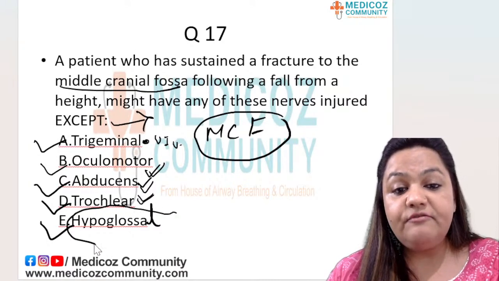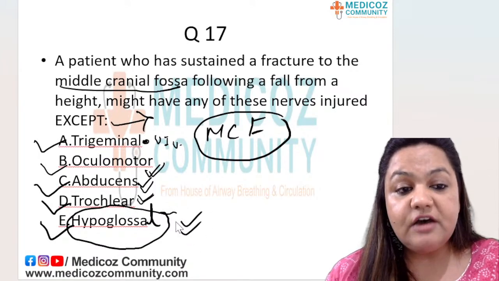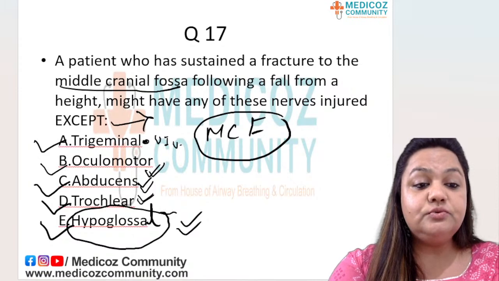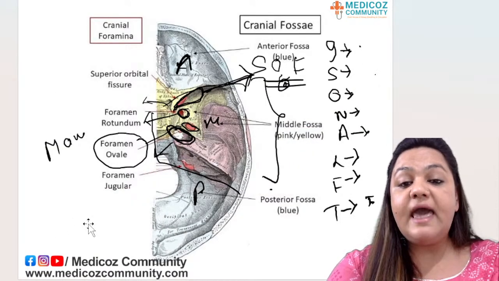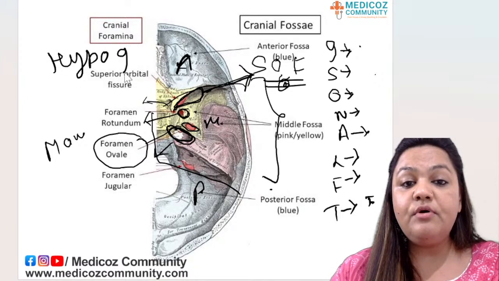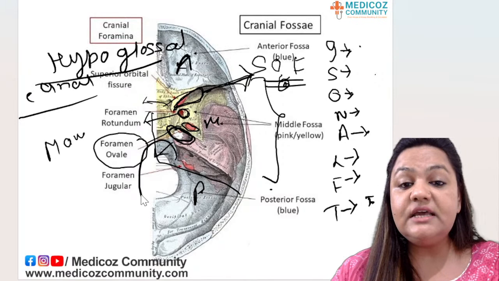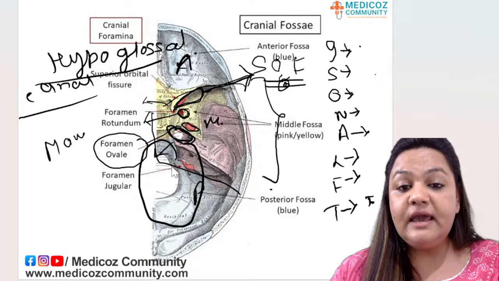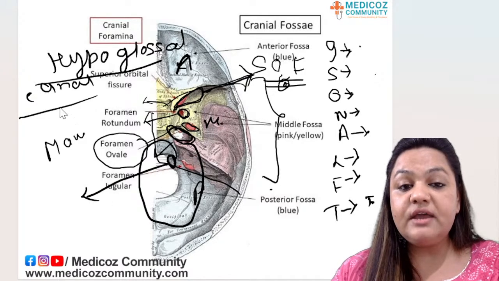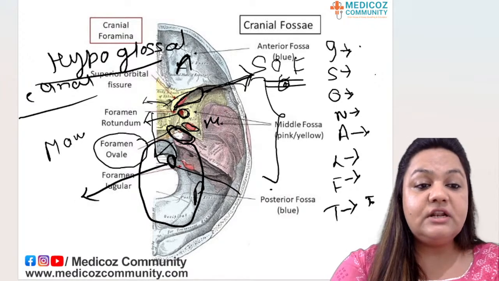Now we are left with the hypoglossal nerve. The hypoglossal nerve passes through the hypoglossal canal. This canal is present in the posterior cranial fossa, anterolateral to the foramen magnum, and through it the hypoglossal nerve passes.